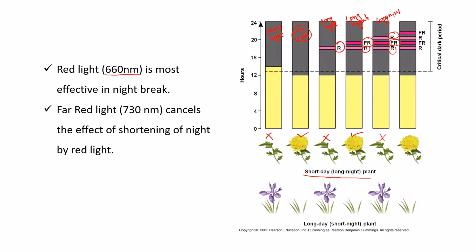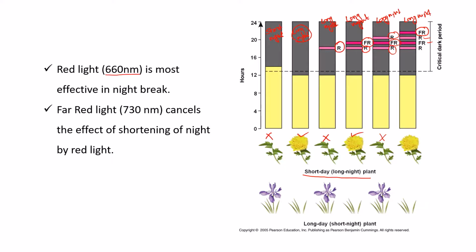Last, which light is given? Red light is given. That's why here there is no flowering. Okay. Next, here it is also a long night. First red light is given, then far red light, and last far red light is given. This far red light will cancel the effect of red light.